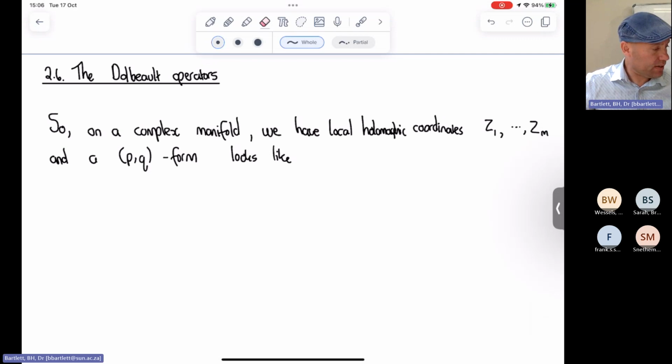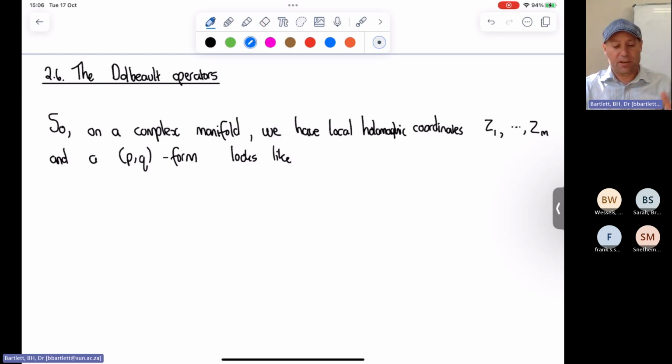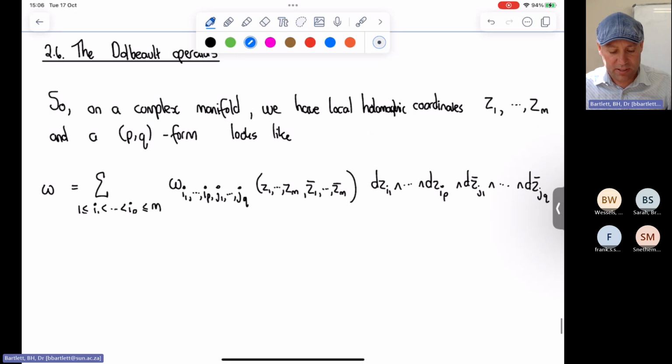So we've discovered that on a complex manifold, we have local holomorphic coordinates, Z1 up to Zm. Obviously, we knew that. And we also knew that a P, Q form locally looks like this.